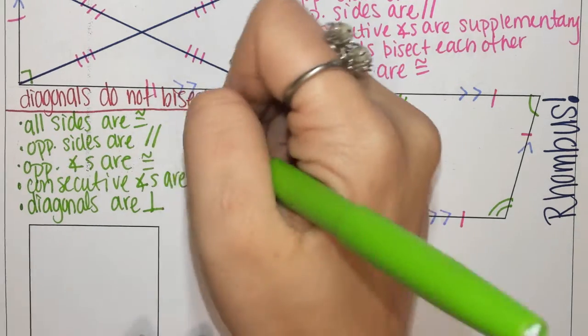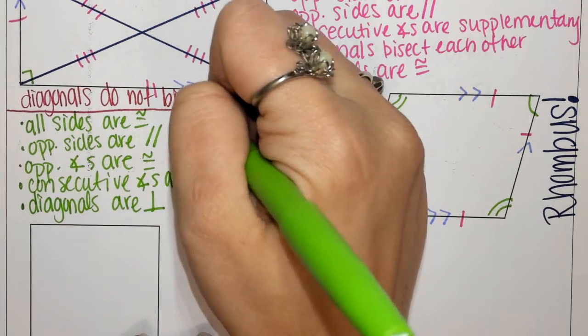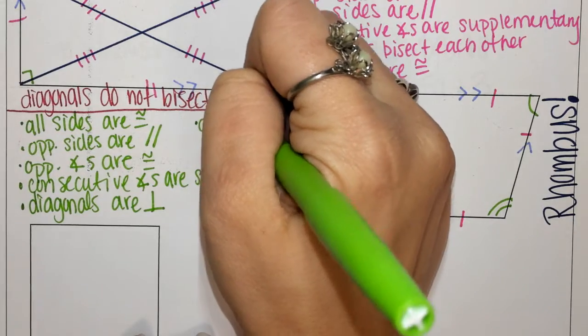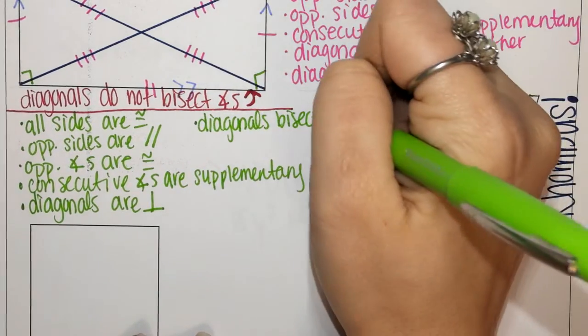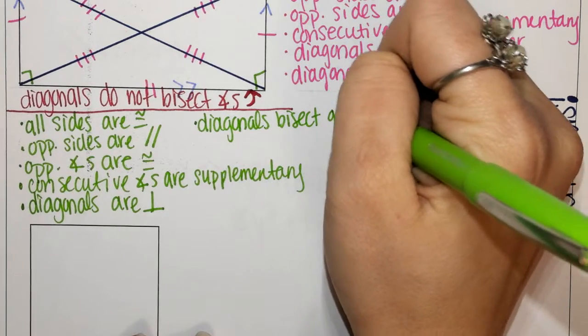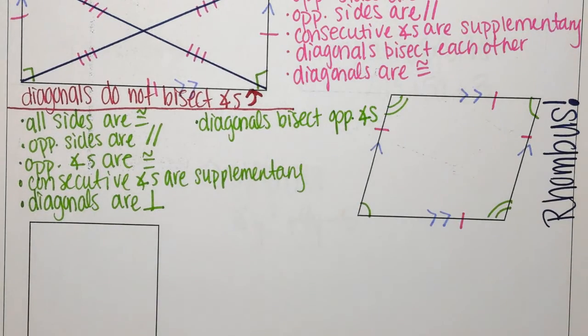Both of you take a point. Diagonals bisect opposite angles. Perpendicular. That's the symbol for perpendicular, because it intersects at a 90-degree angle. Boom. Knowledge. Bisect. Opposite angles.